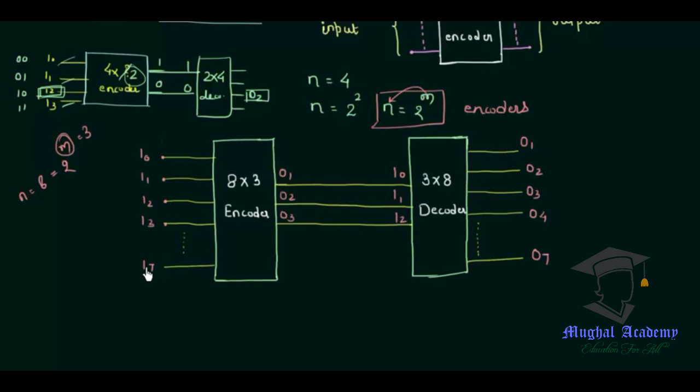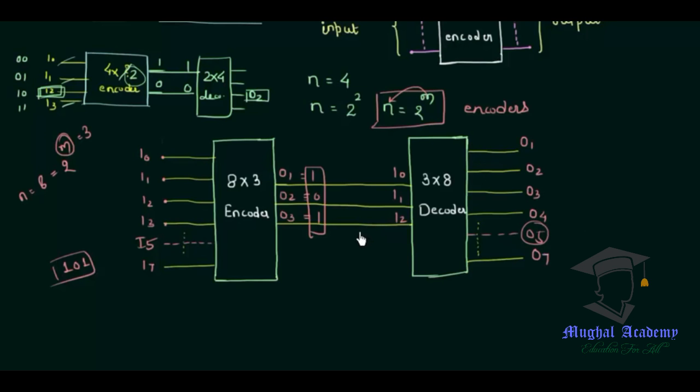The data has been encoded. Let's say if I5 is high, and 5 is 1 0 1 in binary, so this O1 will be equal to 1, this O2 will be equal to 0, and this O3 will be equal to 1, and this information will be decoded at this end, and again O5 will be high.